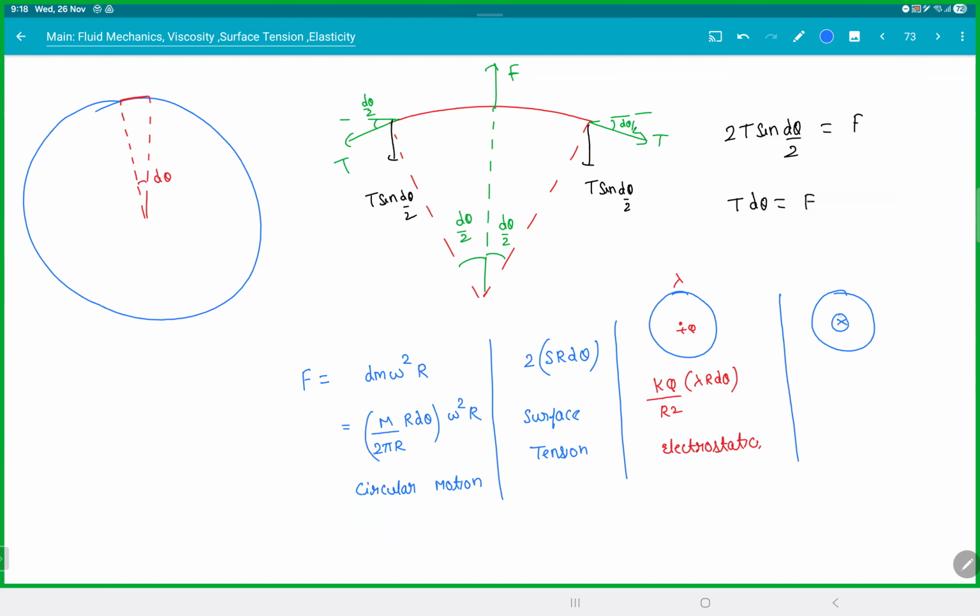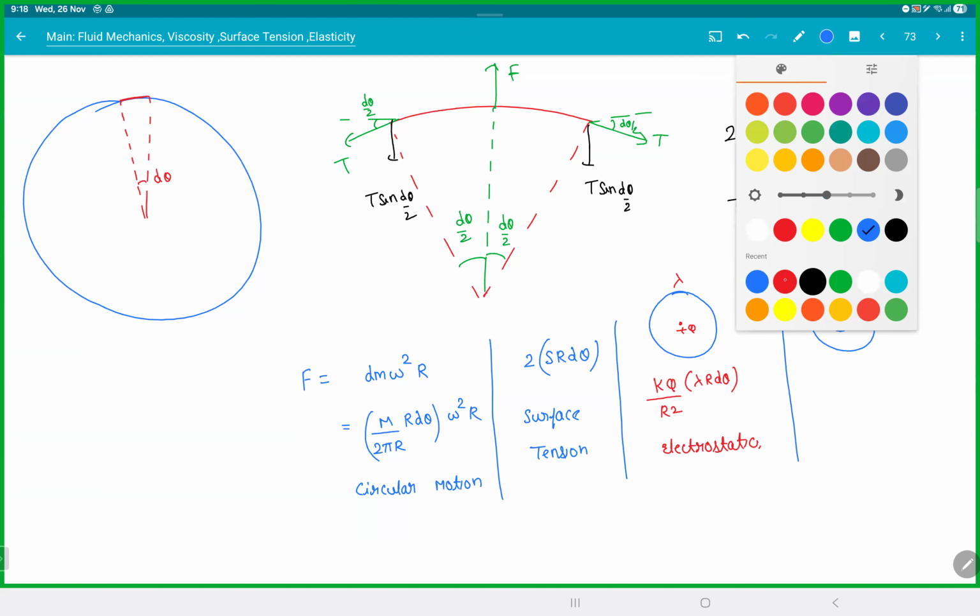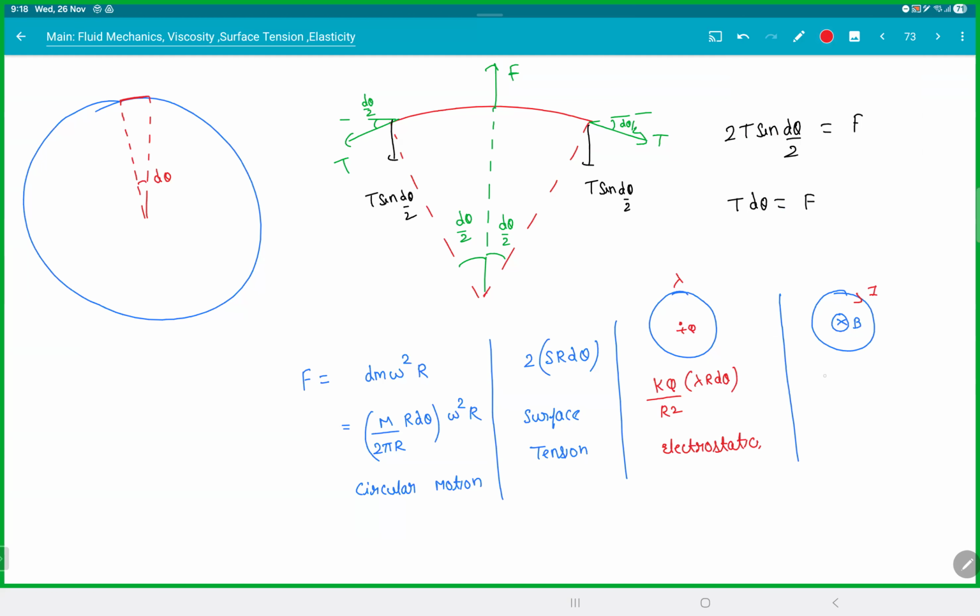Suppose this was the magnetic field and the current I is going here, then the force will be I L B, where L is replaced by r d theta into B. This is the magnetic force. Clear with this? So by substituting the respective F value, you'll get the tension in 4 chapters.